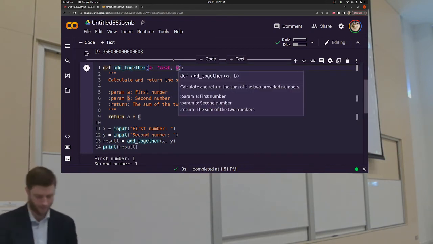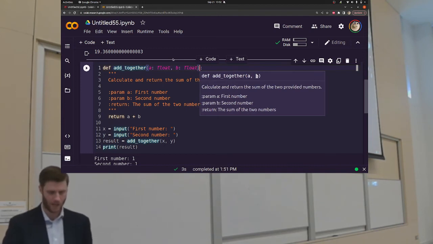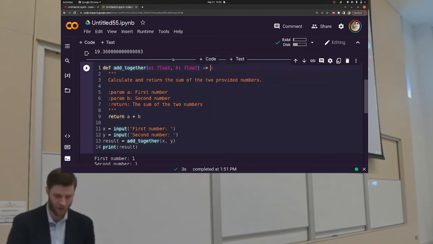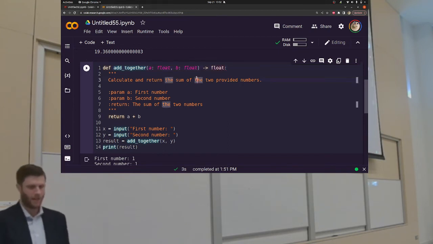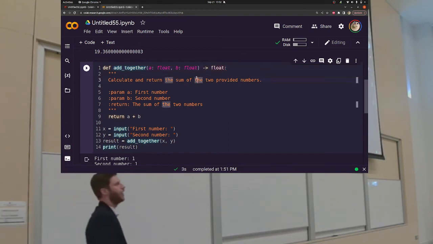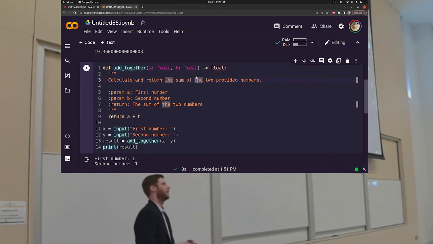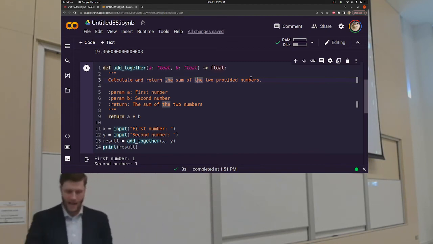Great. B will also be a float. And the output of the function, the return type, is also going to be a float. And you might say, but why not int? I could, but that's a little restrictive, because the integers and floats will work together. Floats are bigger than integers, but not the other way around. So there, I added my type hints.